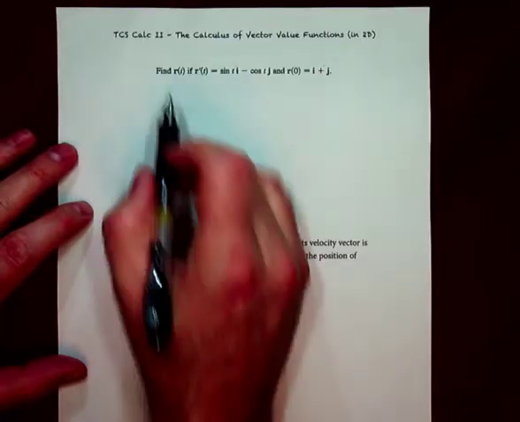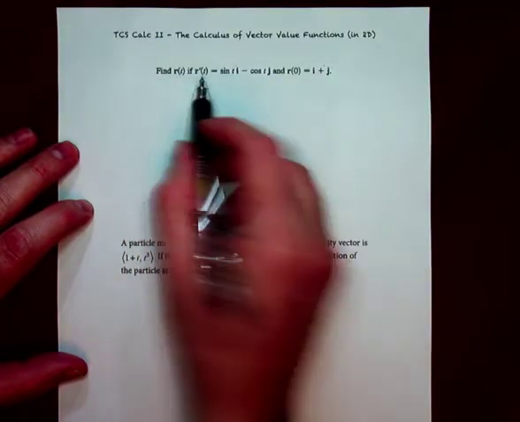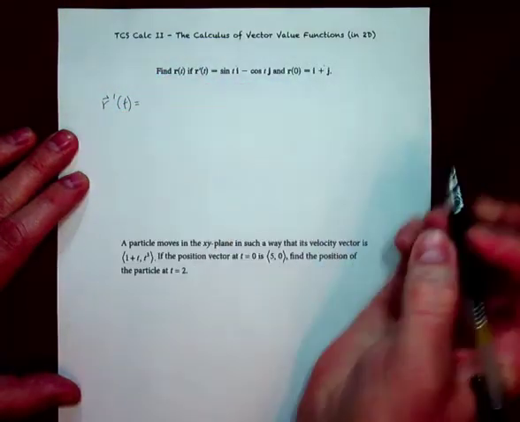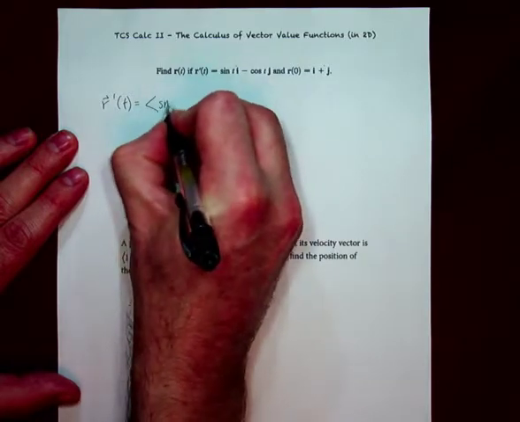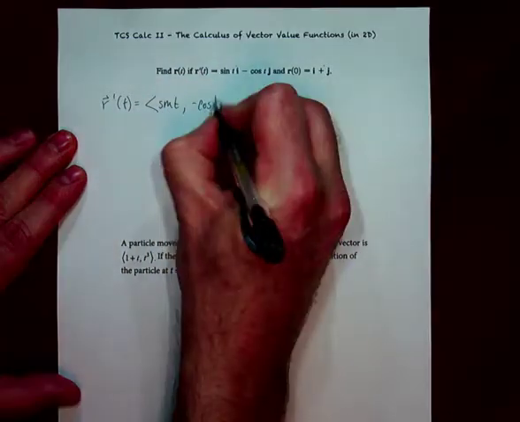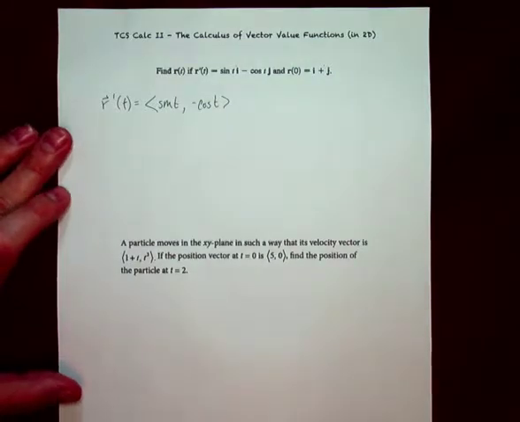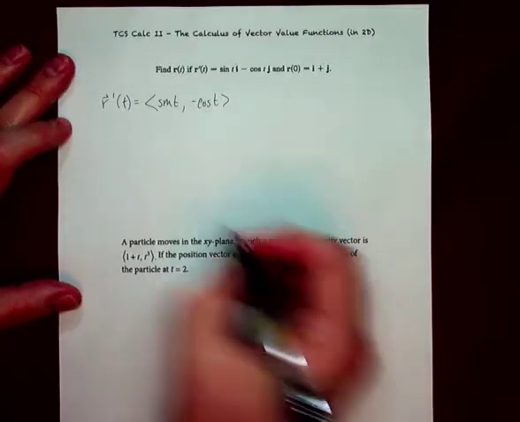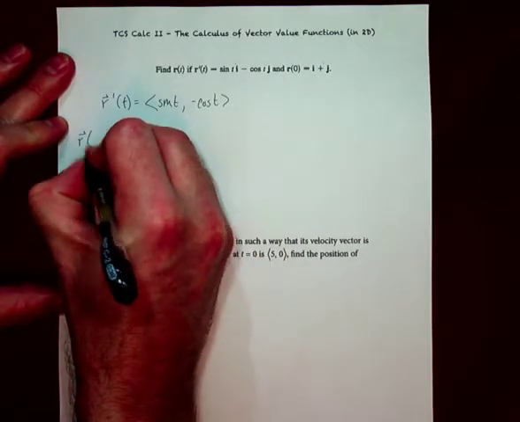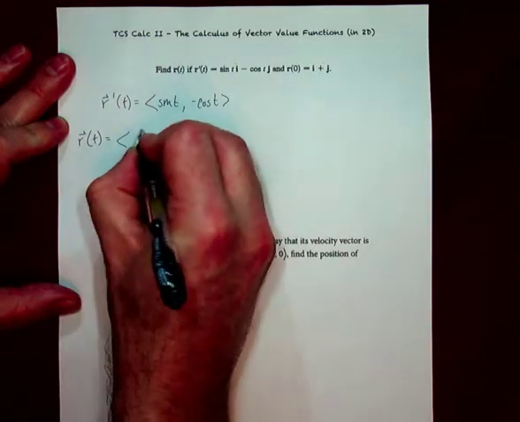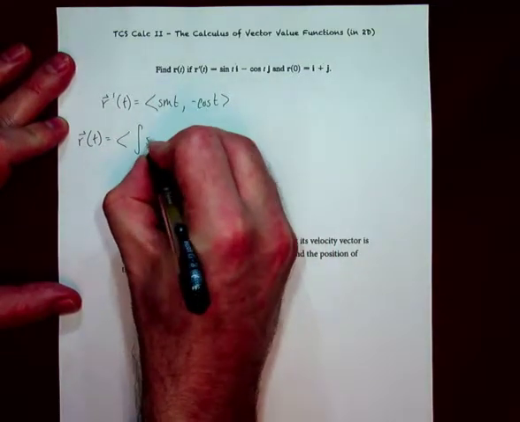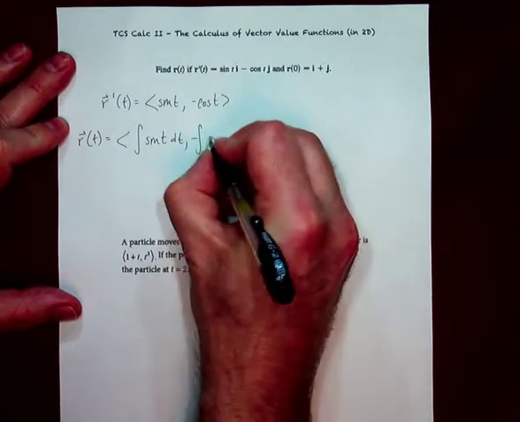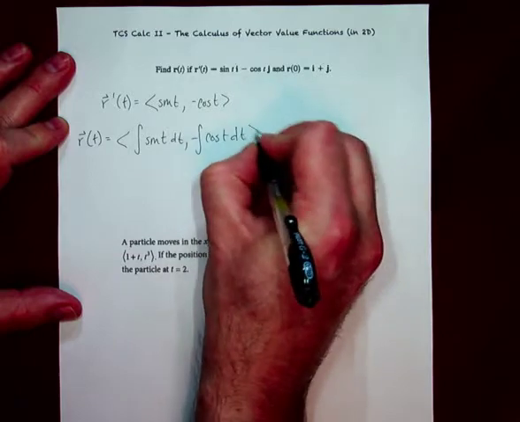Now, if I need to find r, but I'm given r prime, and of course r prime in component form is sine t, negative cosine t. Well, if that's the case, and I can integrate or anti-differentiate term by term, I know that r of t is going to be basically the integral of sine t and the integral of negative cosine t dt.